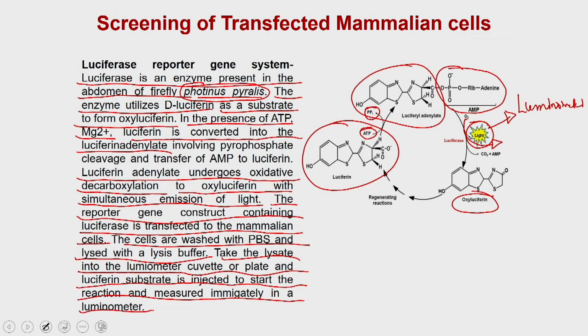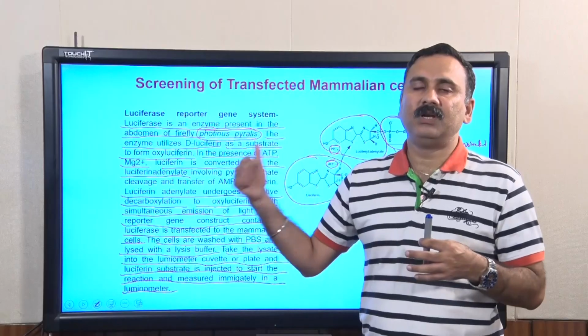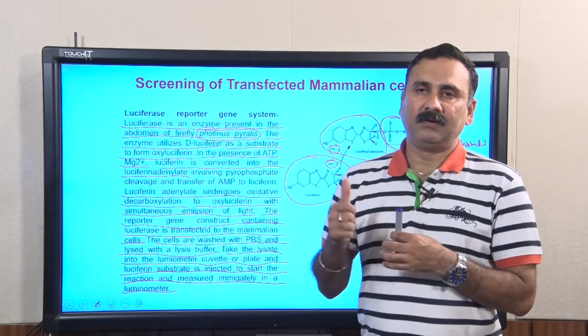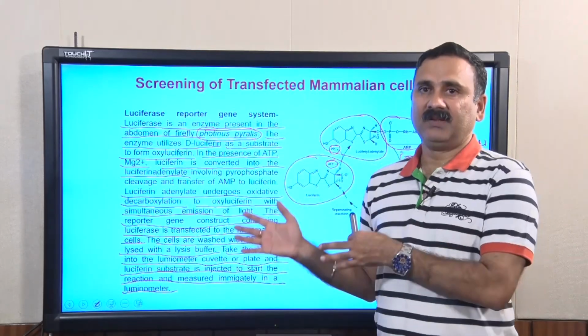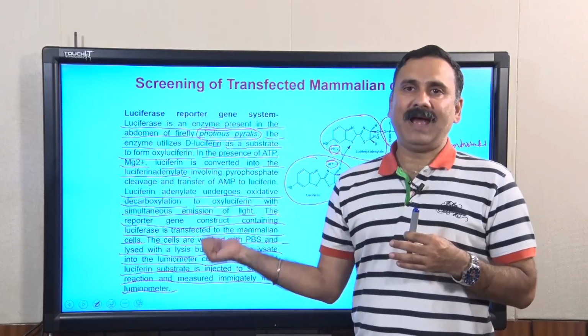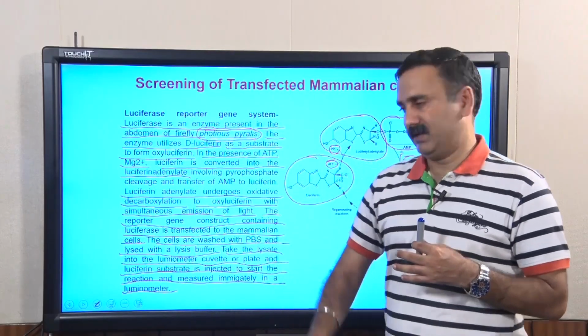So, what you have to do is first transfect the construct into the mammalian cells, then once the stimulation is over, you lyse the cells, collect the lysate and put it into the cuvette or the luminescence plate, and then you add the substrate to measure the activity.